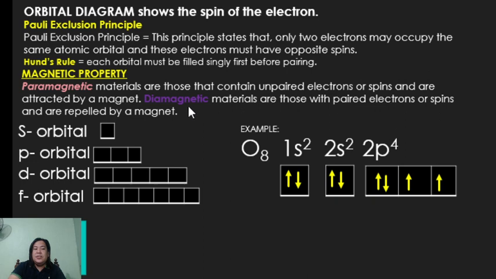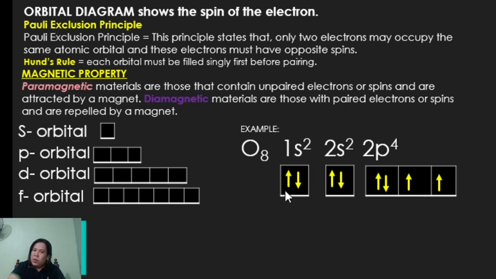You can identify if that particular element can be attracted to a magnet if you make this orbital diagram. What is the condition? The magnetic property is paramagnetic when there are unpaired electrons, and diamagnetic if all electrons are paired. When diamagnetic, there is no magnetic property being exhibited by that particular element.